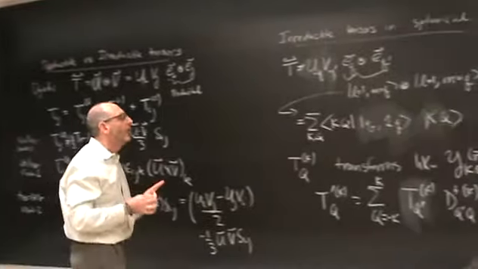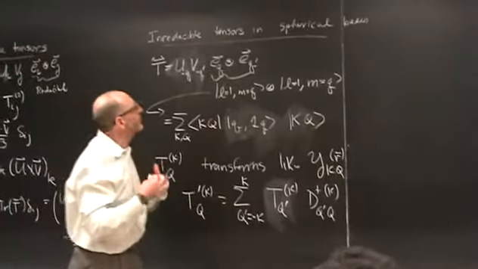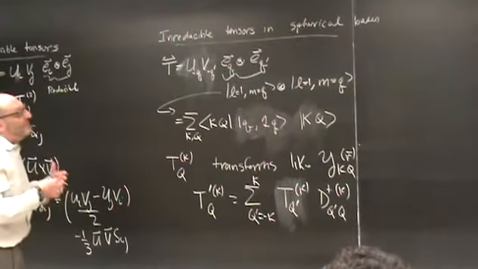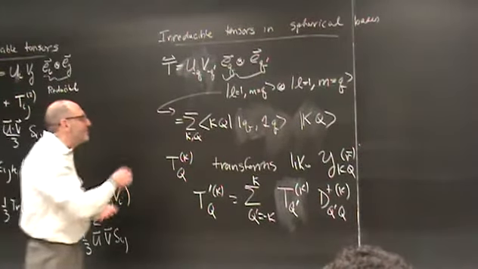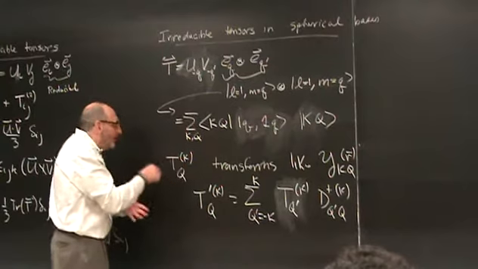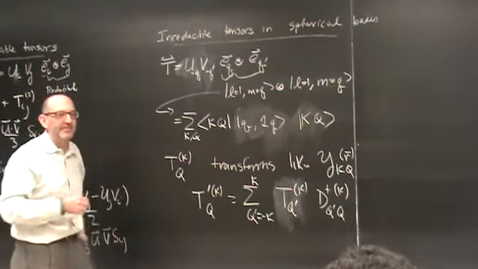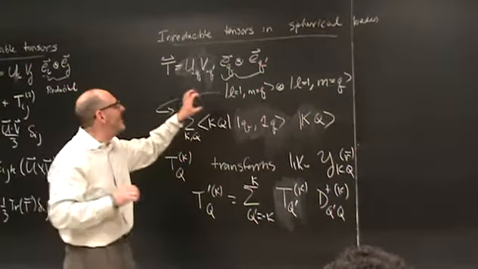Okay, so one often talks about irreducible tensors as spherical irreducible tensors, but they are just the components of these irreducible tensors in the spherical basis. And you can kind of see that here.